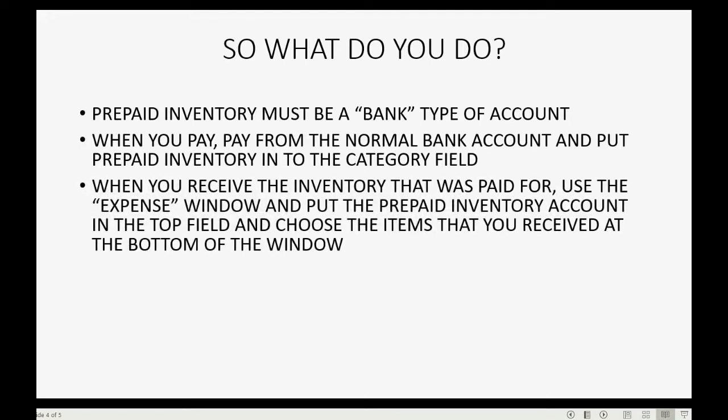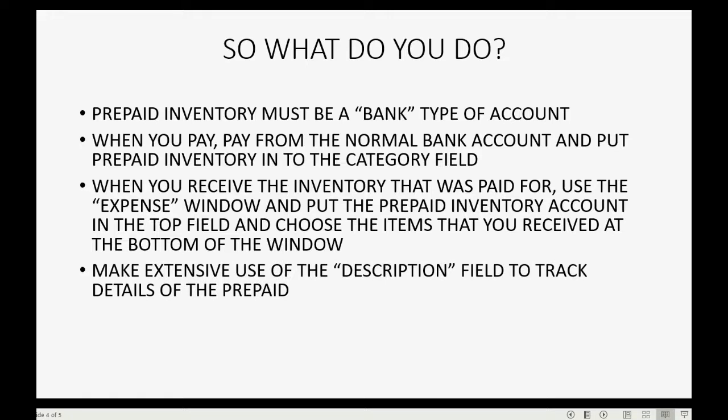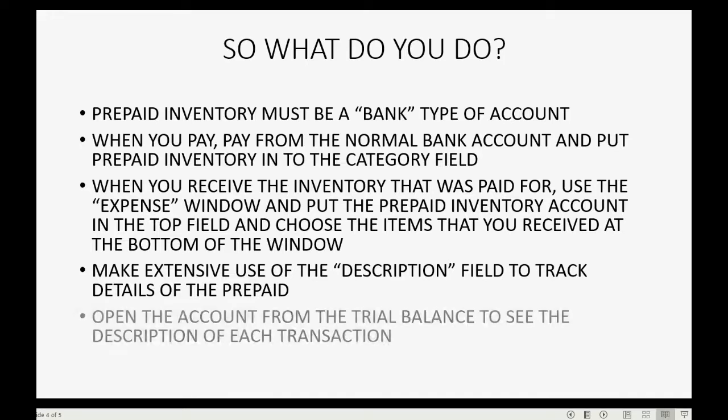When you receive the inventory that was paid for, you use the expense window and put the prepaid inventory account in the top field and choose the items that you receive at the bottom of the window. Then you will make extensive use of the description field, and that will help you track the details of prepaid inventory.